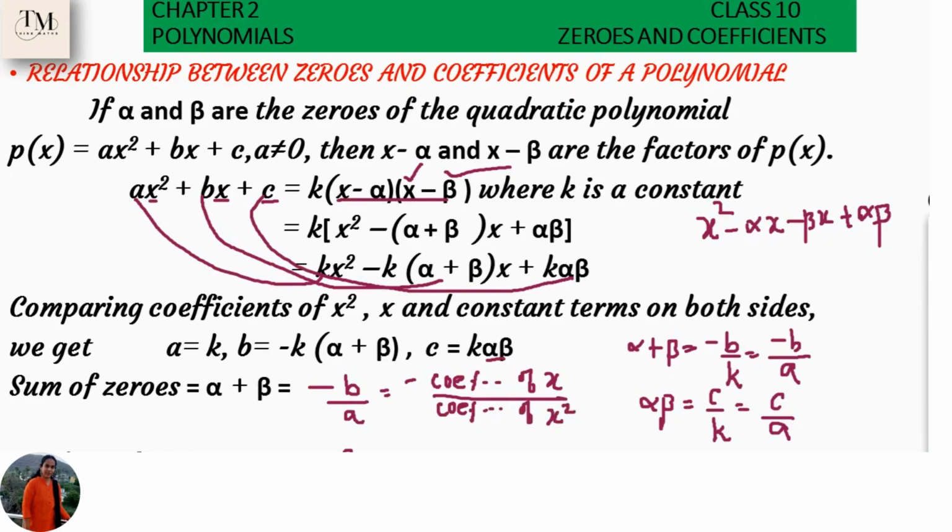So in the same way, product of zeros, alpha beta, is nothing but c by a. c is nothing but the constant term divided by a, which is nothing but the coefficient of x square. Okay. So if you have to find the sum of the zeros and product of the zeros, you can find it directly using this relationship.